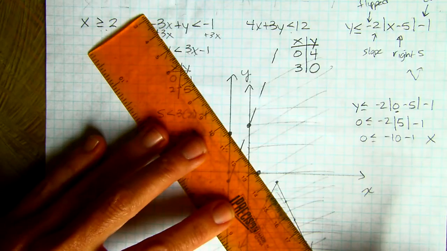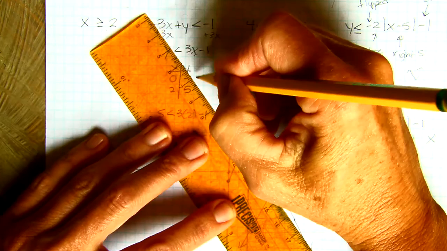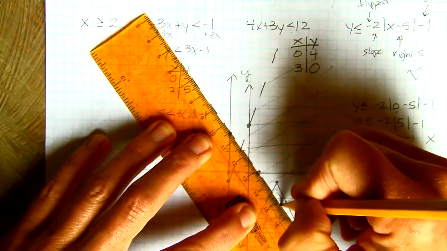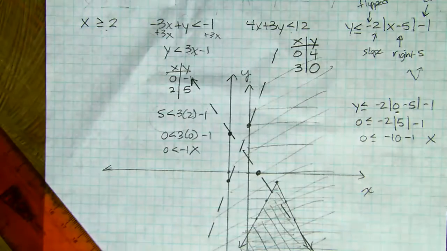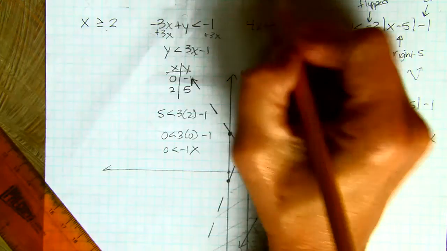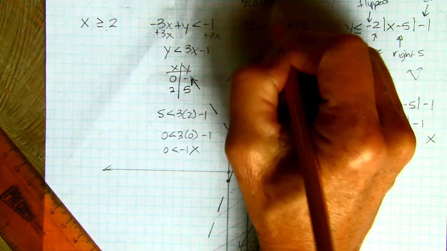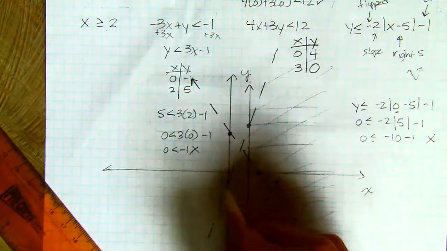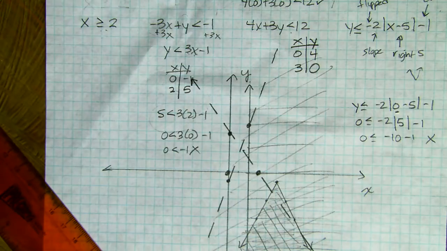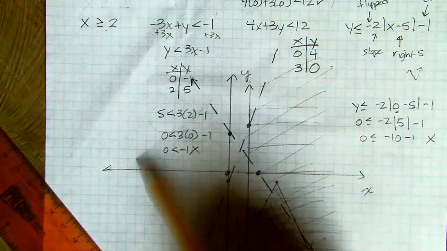Correct. Dashed. What's the next step? Test 0, 0. Is 4 times 0 plus 3 times 0 less than 12? You bet it is. So I want to shade towards 0, 0.